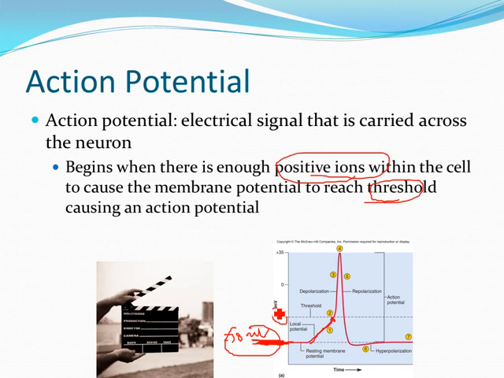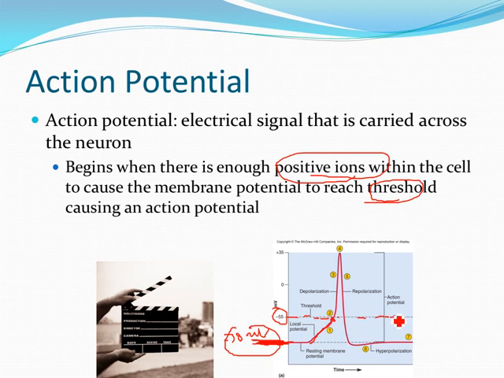So now it's less negative. It's like if you're adding numbers to it. Negative 70 plus what? 15? My math is so bad. 25. Well, whatever the number is, it's going to be negative 55 if you add more and more positive charges. And negative 55 is this threshold.